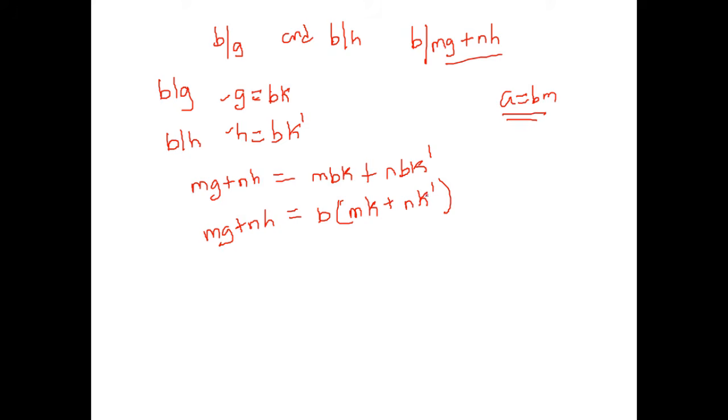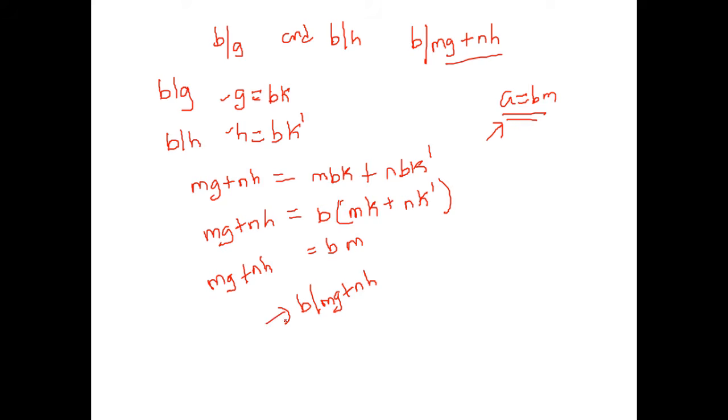So this equation given here is actually of this form. Here M, K, N, K dash are integers. So we can just consider that to be some integer. And so Mg plus Nh is equal to B into some integer. And this is like A is equal to Bm. So in that case, we can say B divides Mg plus Nh.